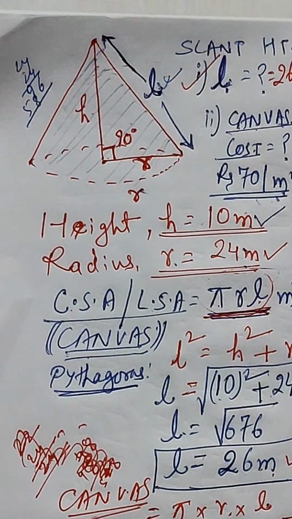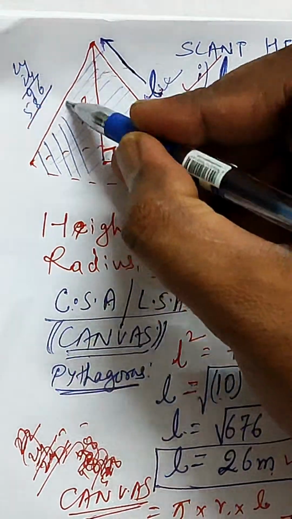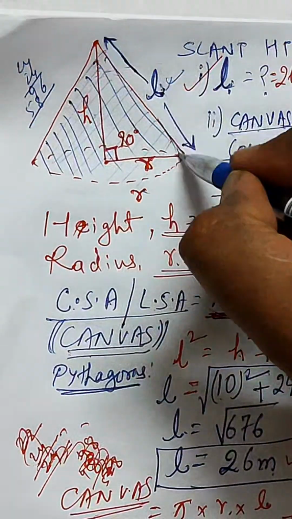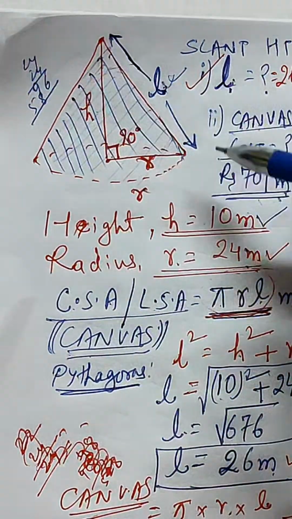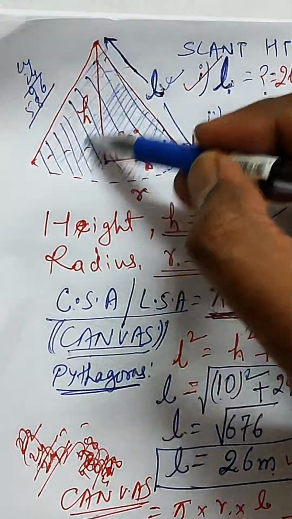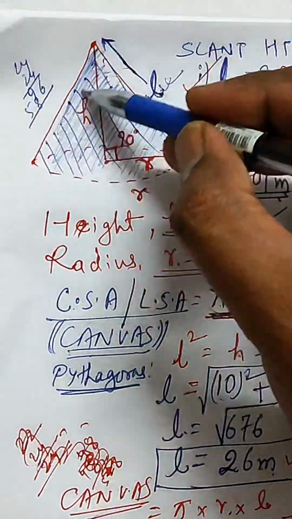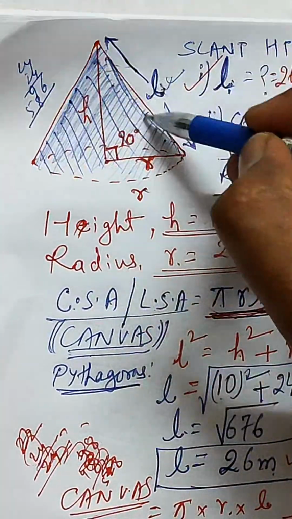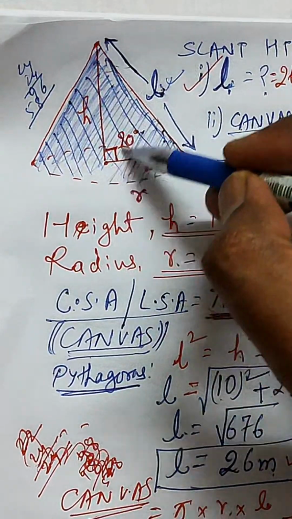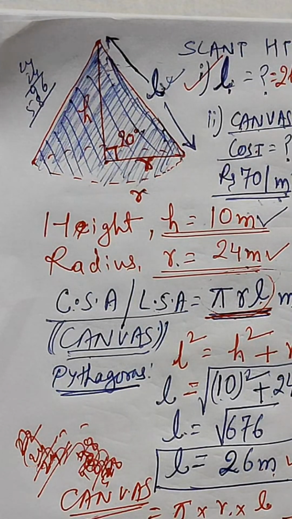Which canvas? Which is covering this tent, right? So to make this canvas, 1,37,280 rupees is required, right? So definitely it's very costly. Okay, so you can think of how much is the cost.